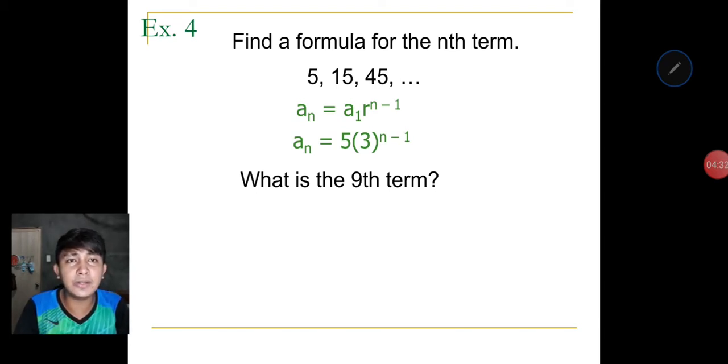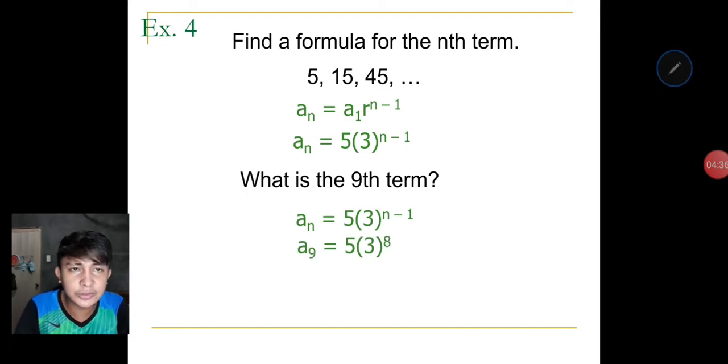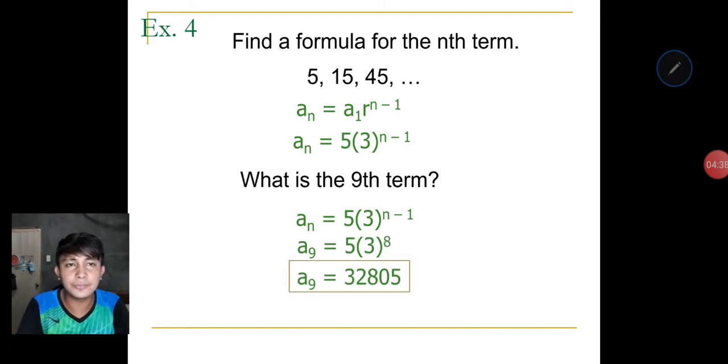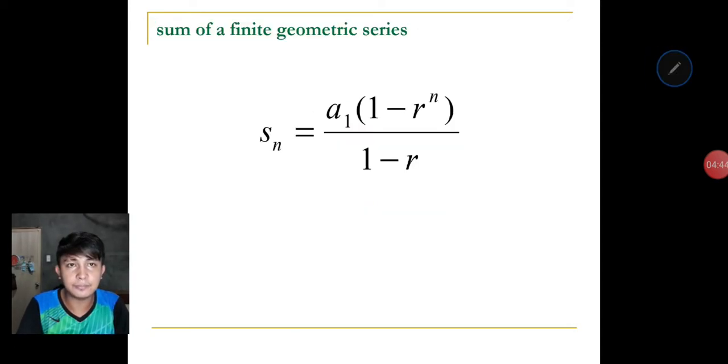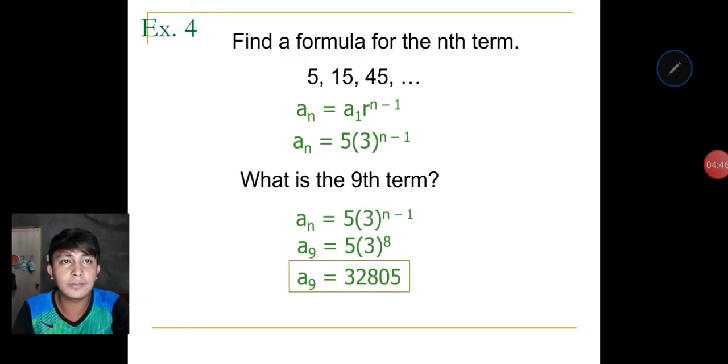What is the 9th term? So, substitute natin. So, we have 32,805. Again, siguro may error lang. Siguro 9th term yung nth dyan.